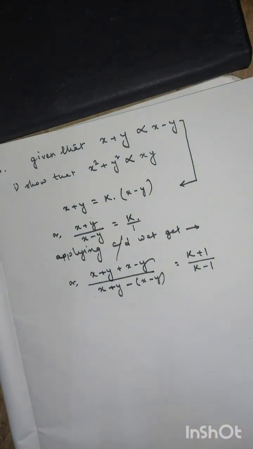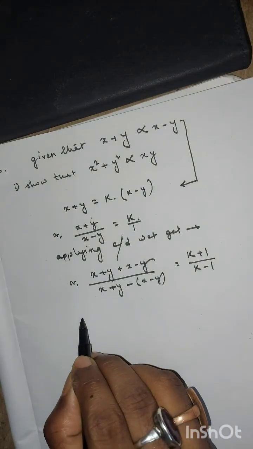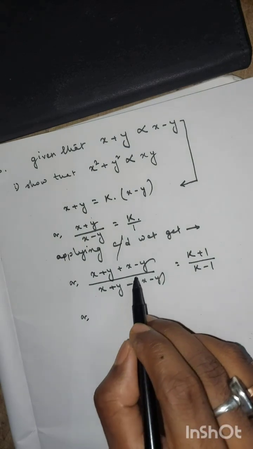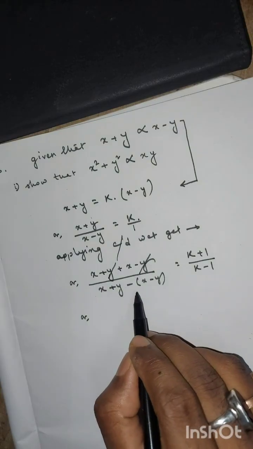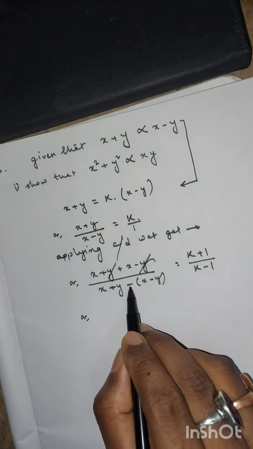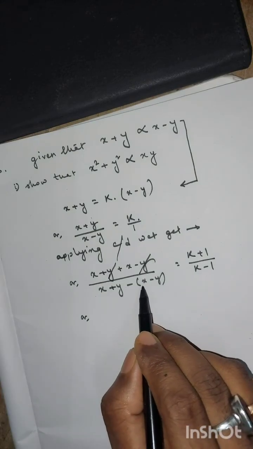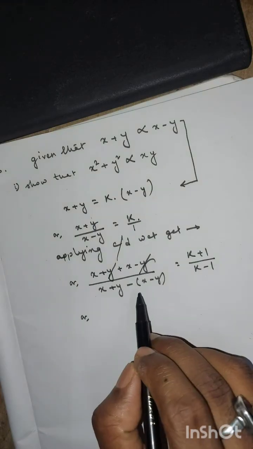So this is our new relation. Cancelling y, and if we multiply this minus with these two quantities, their signs are changed.